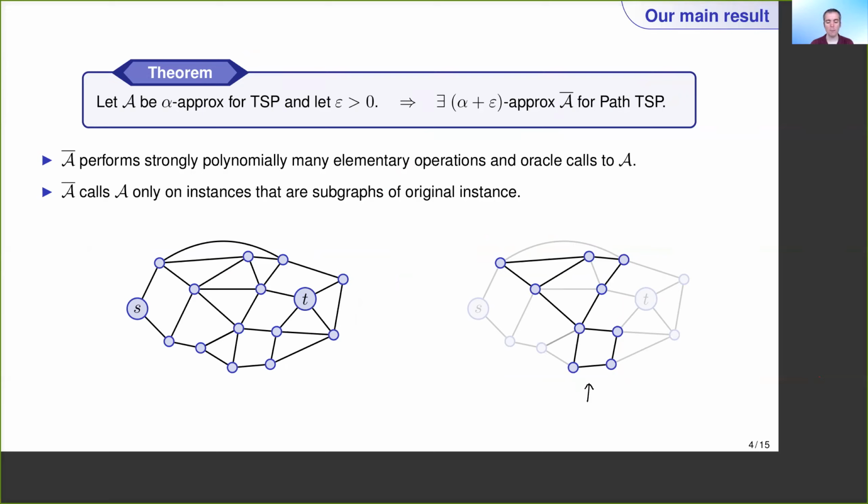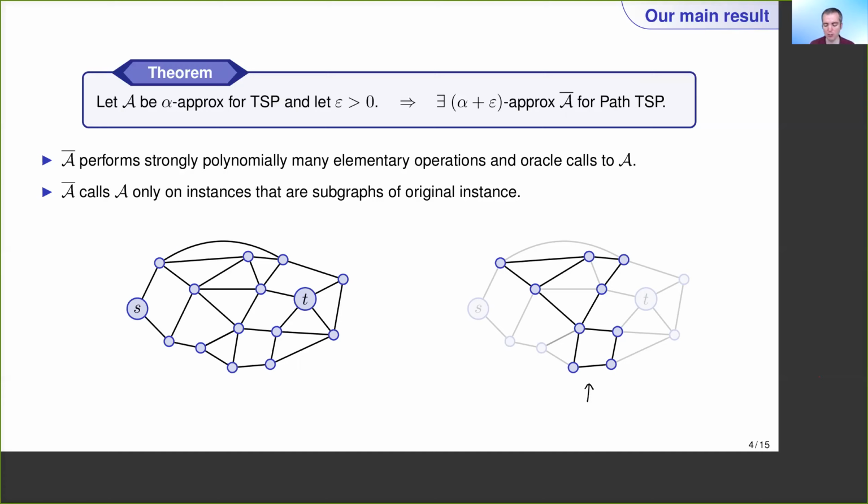Moreover, one important property of the reduction is that the algorithm that is obtained through this black box reduction, the A bar here, will call the TSP algorithm only on instances that are subgraphs of the original instance. So here, for example, on the left-hand side, you have a path TSP problem.